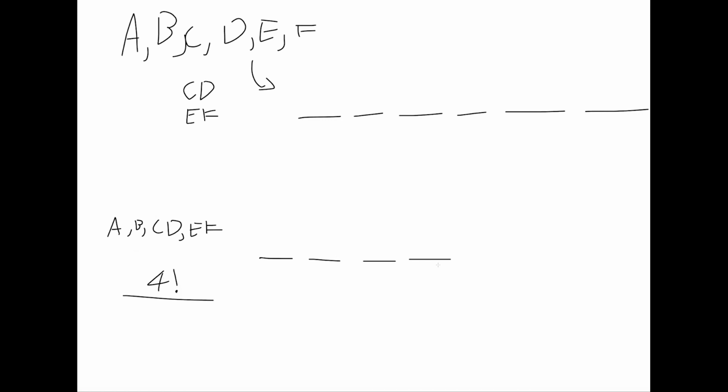We're dividing it by 4 minus 4 factorial. That's equal to just 4 factorial, which is equal to 24. So there are 24 different ways A, B, C, D, E, and F can be rearranged into 6 positions, assuming that C and D are together in that order, and E and F are together in that order.